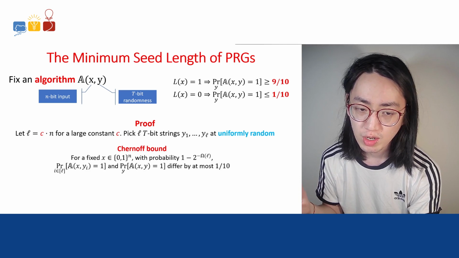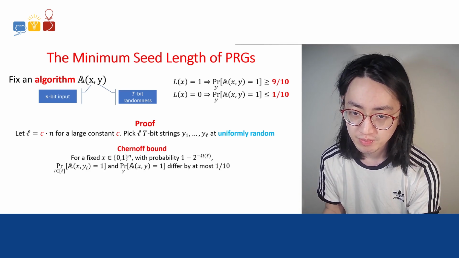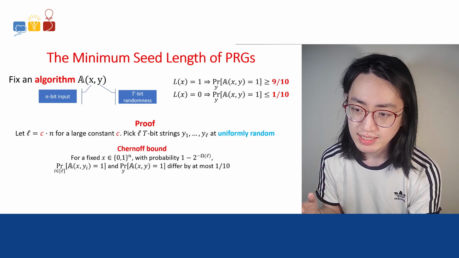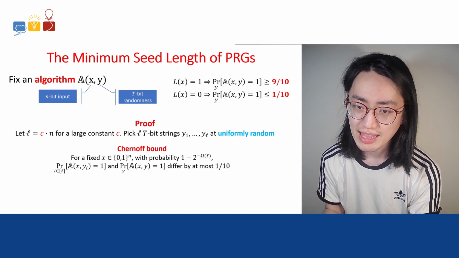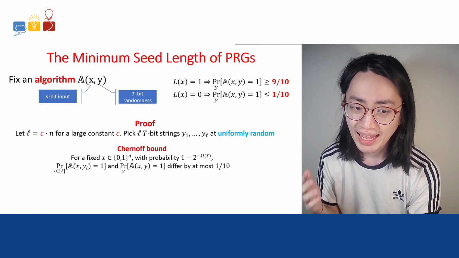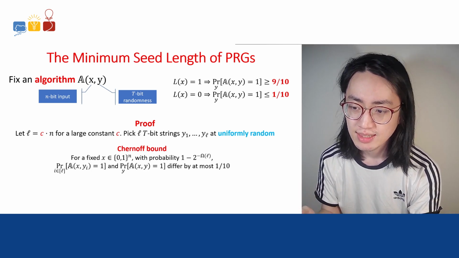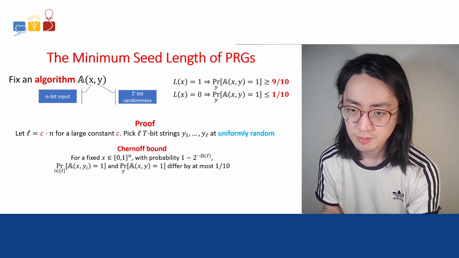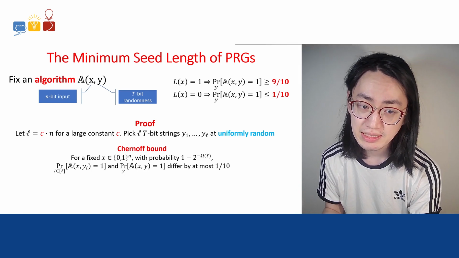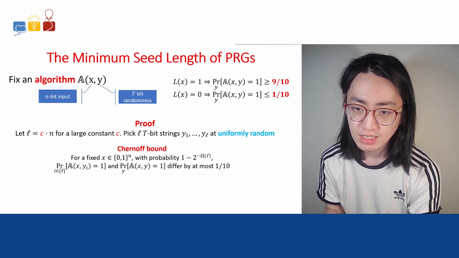minus 2 to the minus omega of L, the acceptance probability over the uniform distribution and the acceptance probability over all these yi's on this input x differ by at most 1/10. This is a simple application of the Chernoff bound.